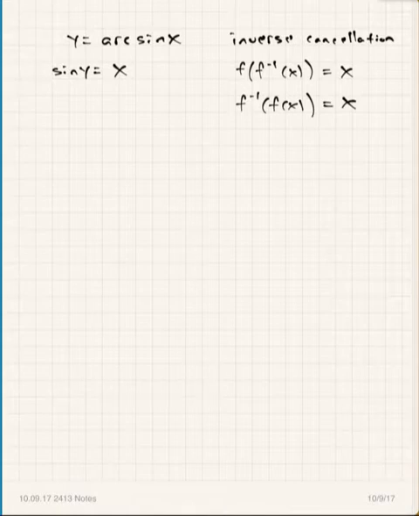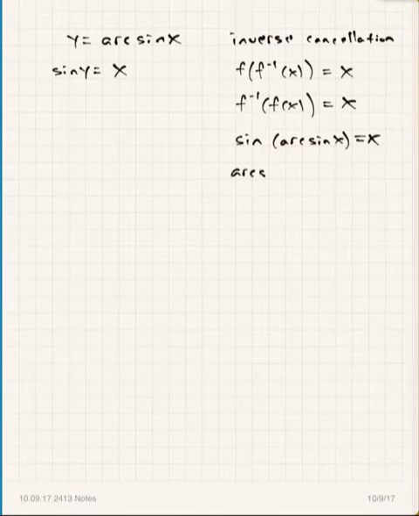In the case of the sine function, inverse cancellation would look like this: the sine of the arc sine of x is equal to x, and the arc sine of the sine of x is equal to x. Don't forget, when we're writing down the sine function in these statements, that this is the restricted sine function, by the way.